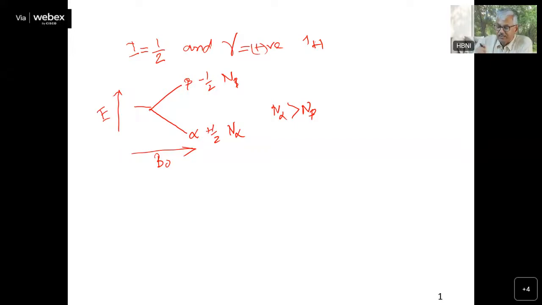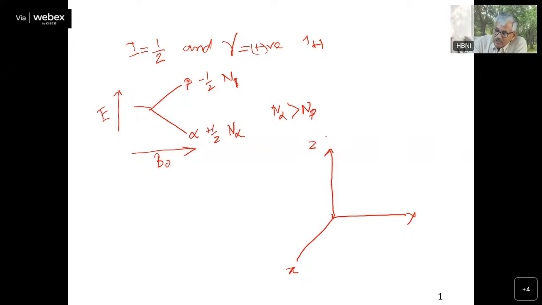Now we'll see how to record NMR. So now I'll draw a coordinate system. This is our Z axis, this is our X axis, this is our Y axis.